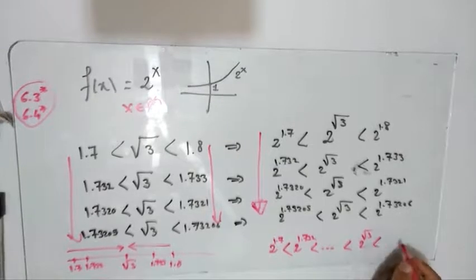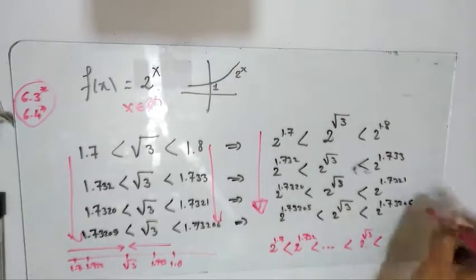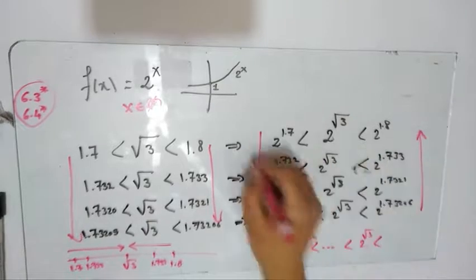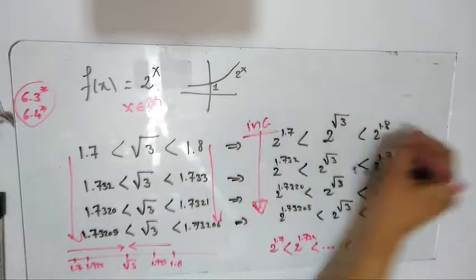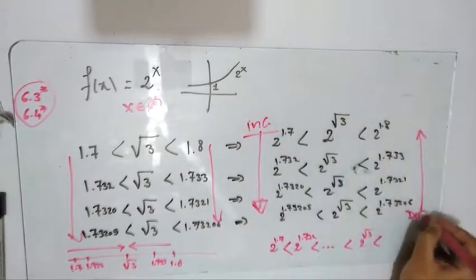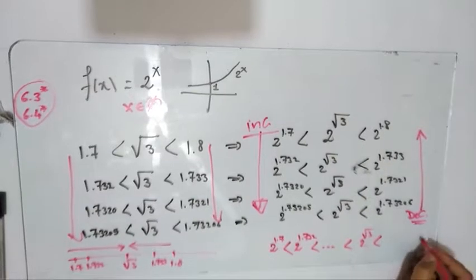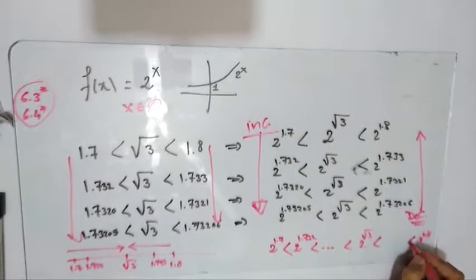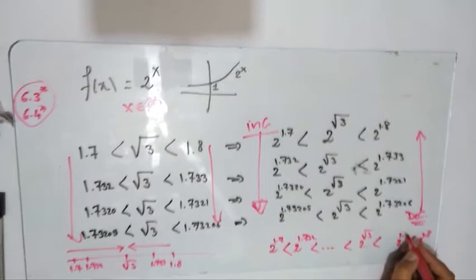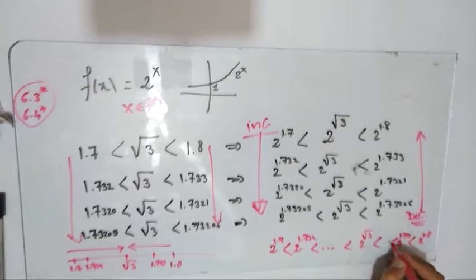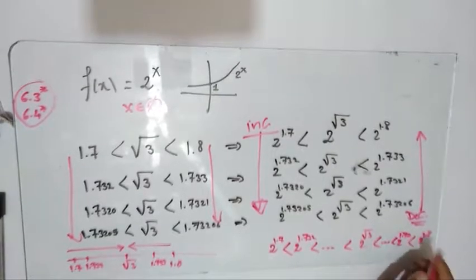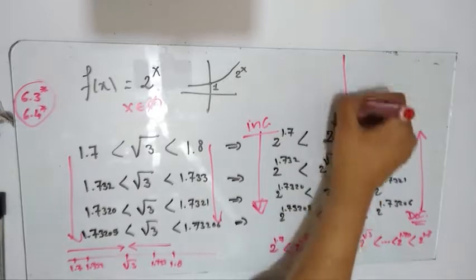These values are increasing. And here the powers are decreasing. So you will have 2 to the power 1.8 here, which is greater than 2 to the power 1.733, and so on. Let's try to graph this.